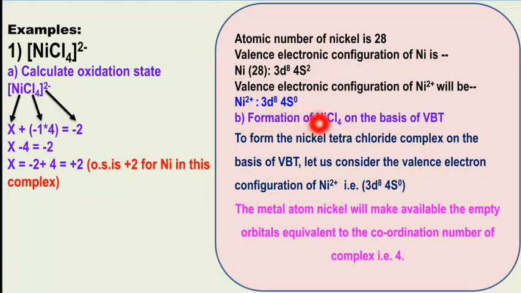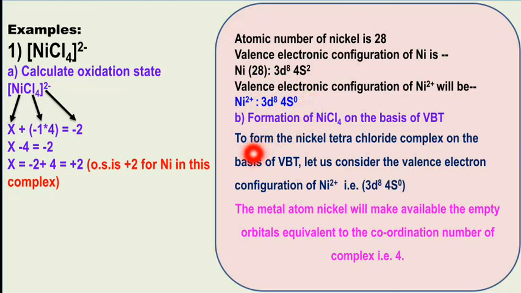According to the n plus l rule, the 4s orbital has the least energy, so the electrons will be lost from the 4s orbital. Now how many electrons do we have? We have 8 electrons in the 3d orbital of nickel, and the valence electron configuration of Ni2+ will be 3d8 4s0.